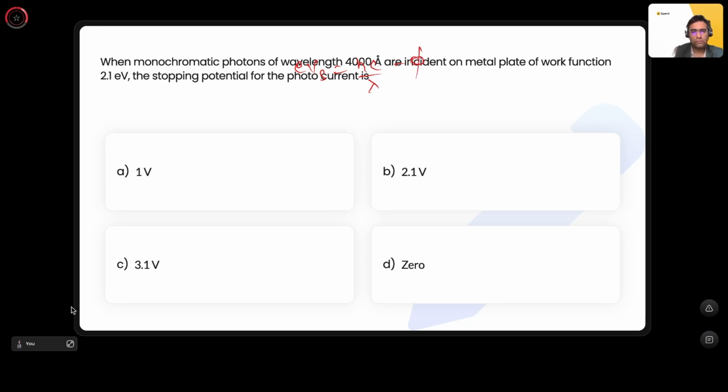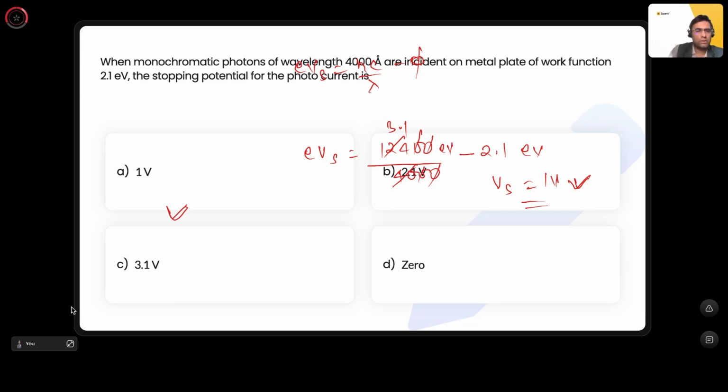So let's write it. It will become 12400 upon 4000 minus 2.1 electron volt. The electron charge cancels out. Now 124 upon 40 will become around 3.1. So Vs will be equal to 1 volt. So again, a simple formula based question.